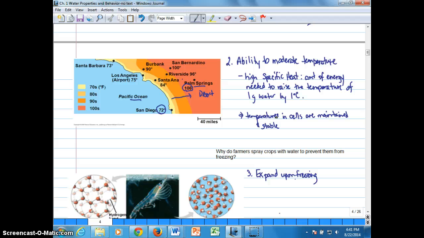So these are advantages for plant cells as well as any living cell. Also, a high degree of specific heat also translates into high heat of vaporization.